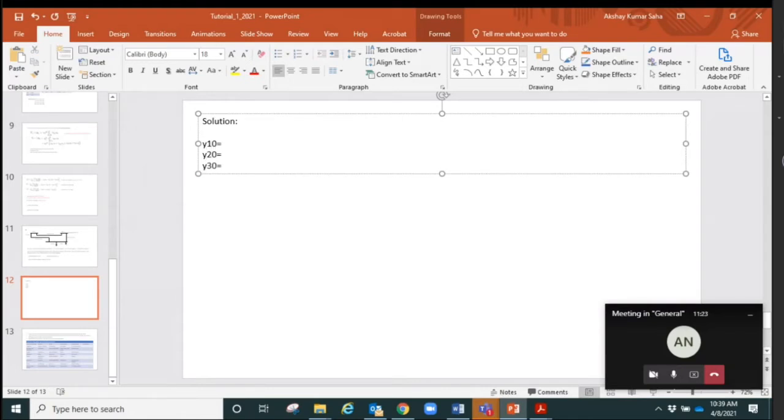So for bus 1 and 2 there is nothing, so they will be 0 straight away.